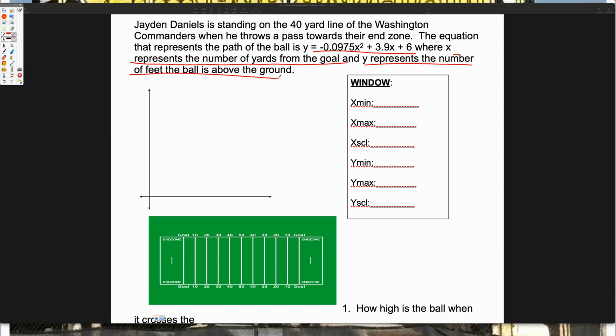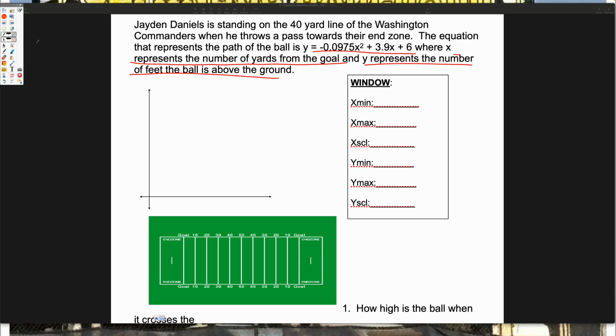The x values are how far it's traveling down the field, and the y values are how high in the air it is. All right, now on each of these quadratic application problems, you are going to need to adjust your window to the problem. So let's look at what that could look like.